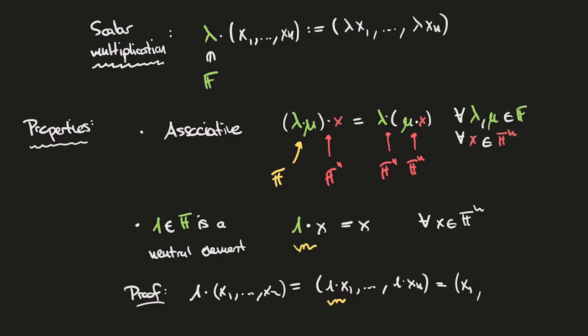And this happens for each coordinate, so what we get back is just (x1 up to xn). And now we see that if we call this element x, then this equation says that 1 times x is equal to x, which is precisely what we wanted to show.